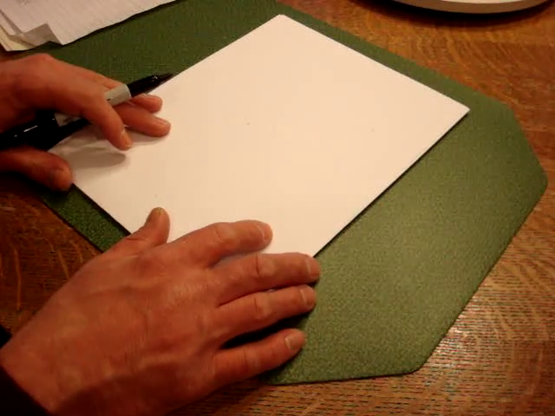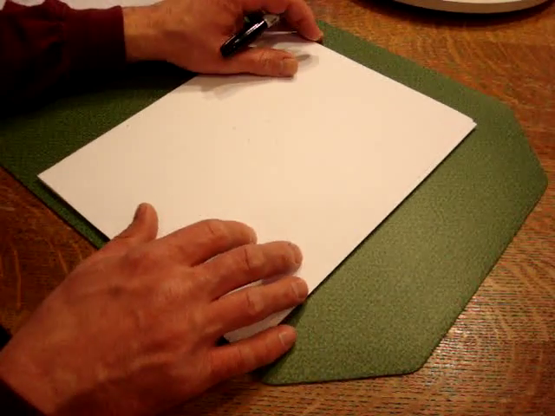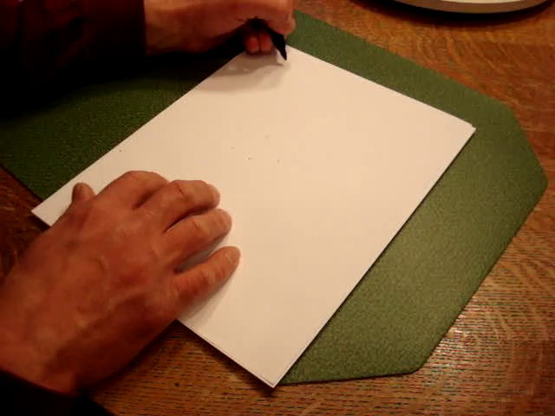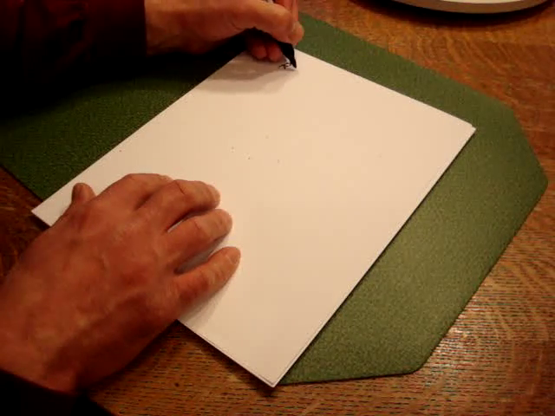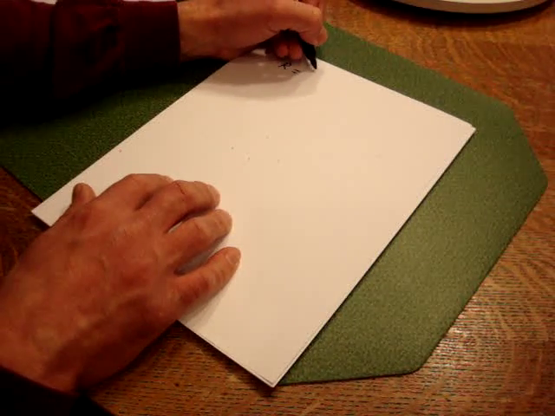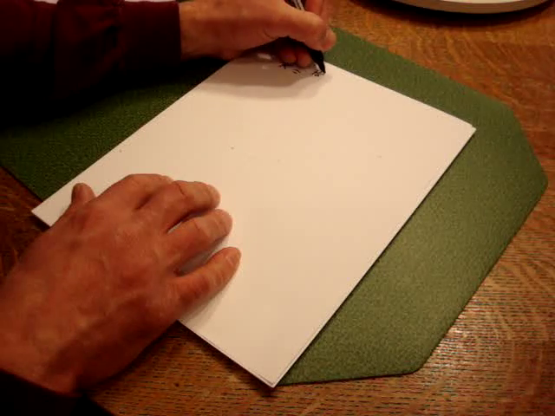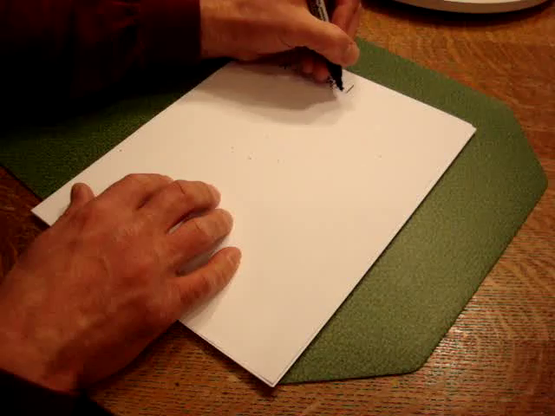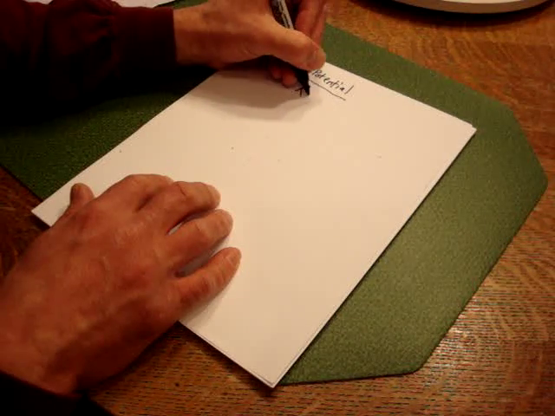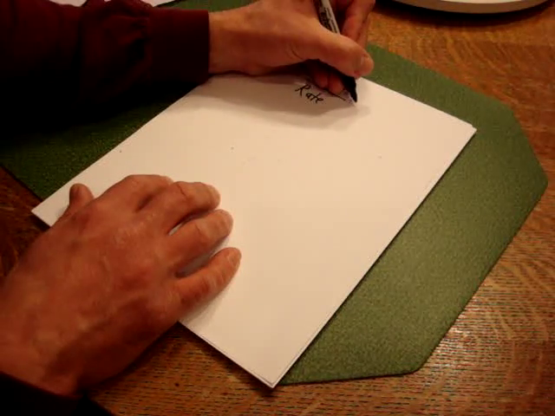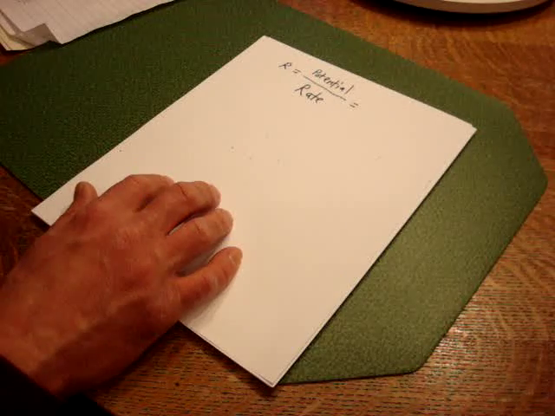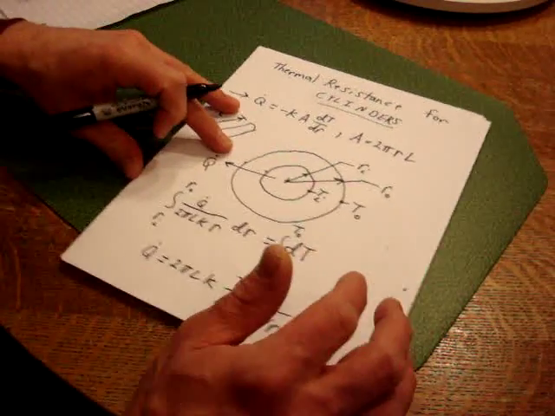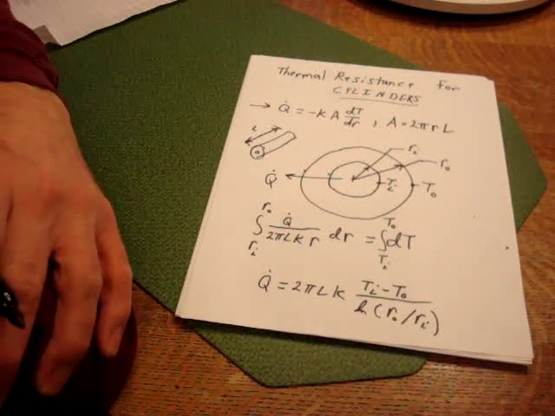we can go back to our definition for resistance. And if you recall, the resistance, just physically, is equal to potential divided by rate. Okay? So if we go back to this picture, what do you think the potential would be?